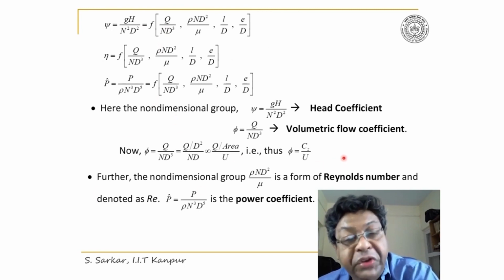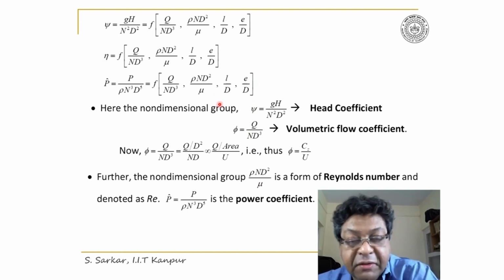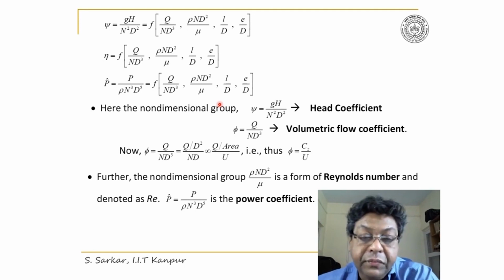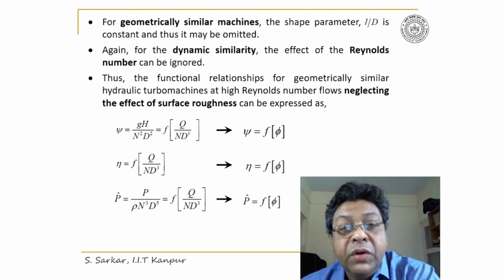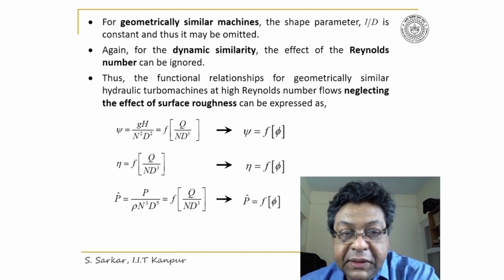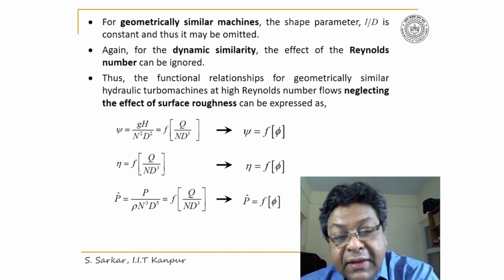They are flow coefficient phi, Reynolds number, and some geometric variables, which are L by D and E by D. Now, for geometrically similar machines, the shape parameters L by D and E by D are constant, and thus they can be omitted from the above relations.